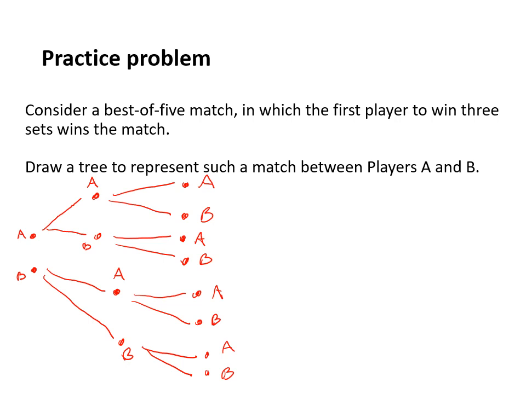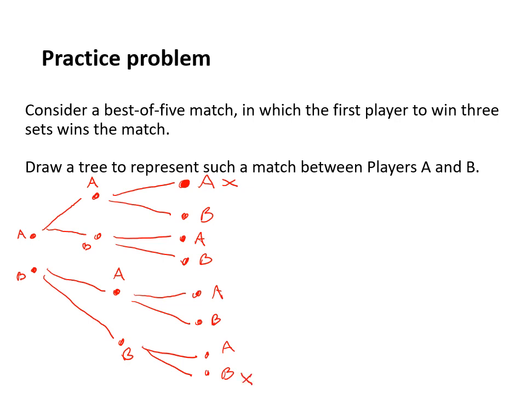One difference with the tree in the previous example is that some of the branches are going to terminate now. For example, when we are at this point, A won 3 matches, and so we will not keep expanding this branch. The same goes for the last one when B won 3 matches.